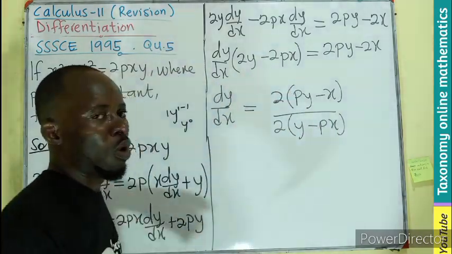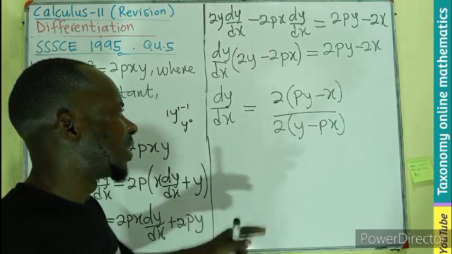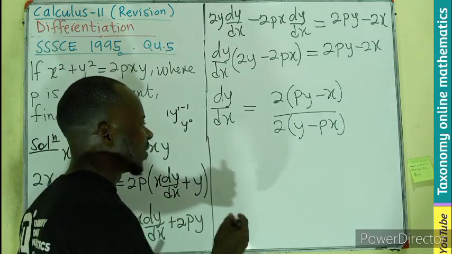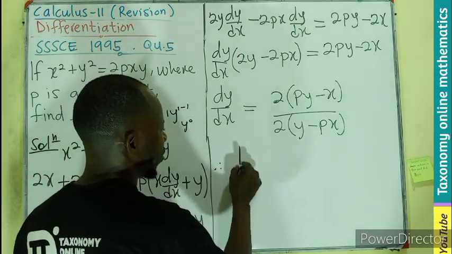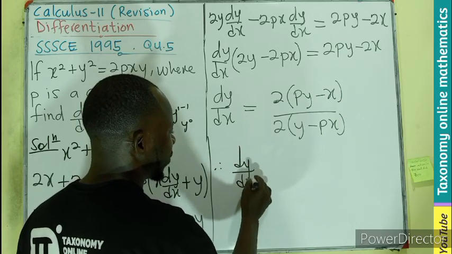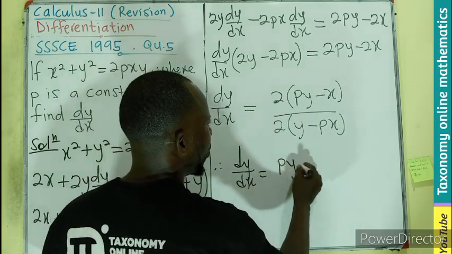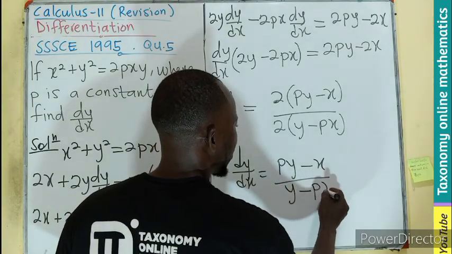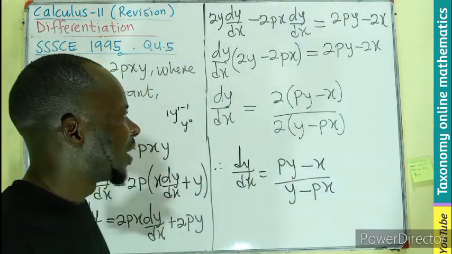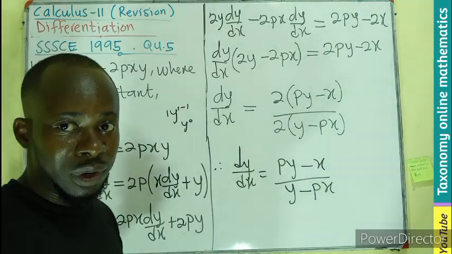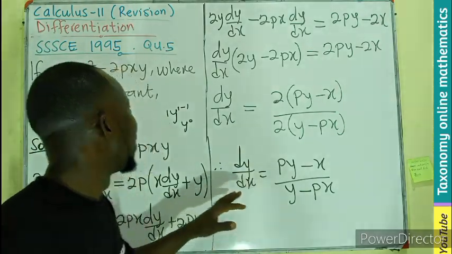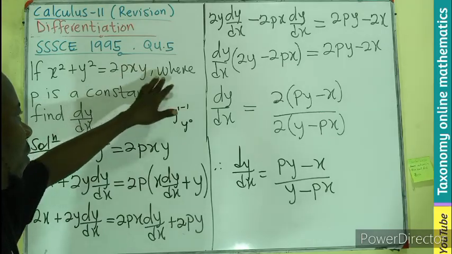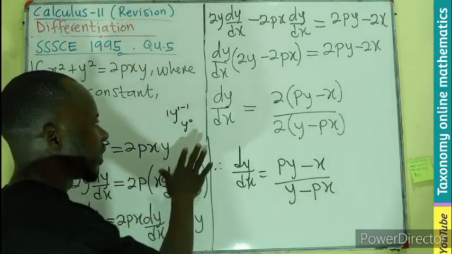The 2's will cancel. Therefore, dy/dx will be equal to (py minus x) over (y minus px). I guess this is what we are going to arrive at if we take our time to differentiate from the beginning to the end.